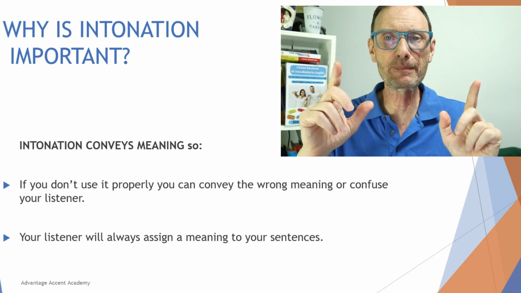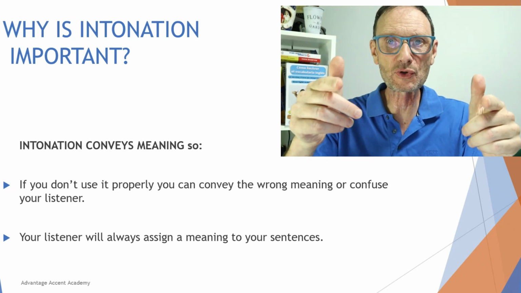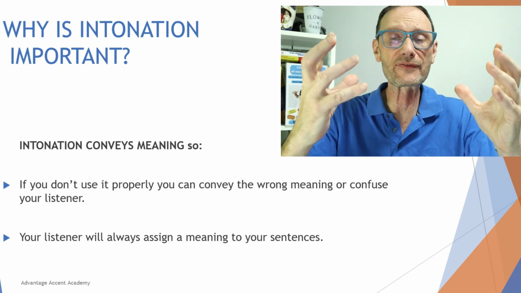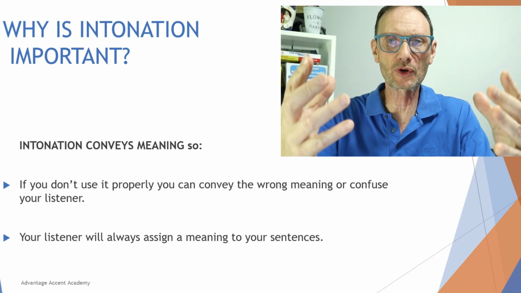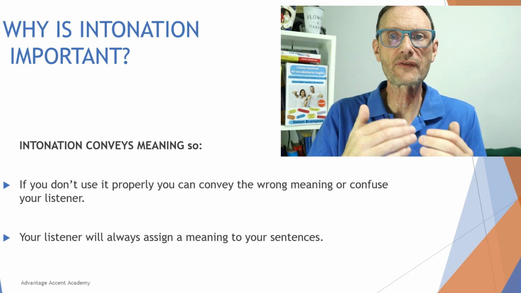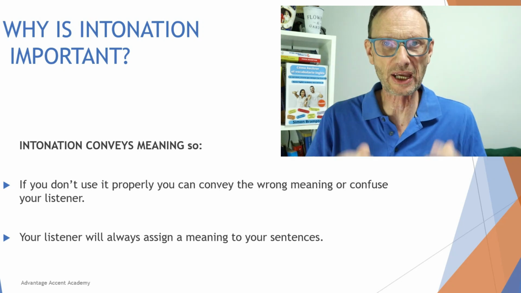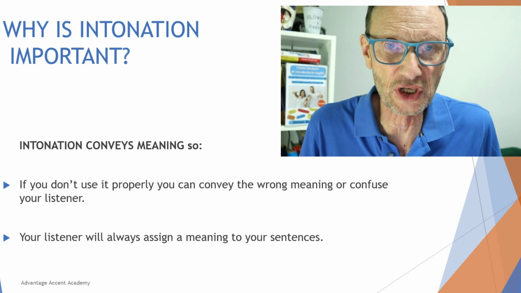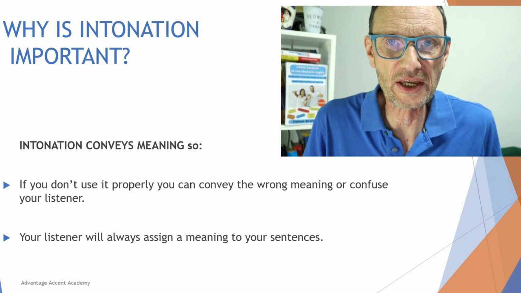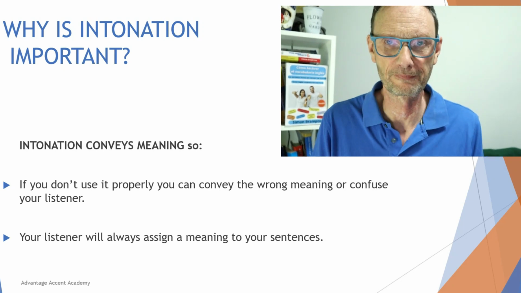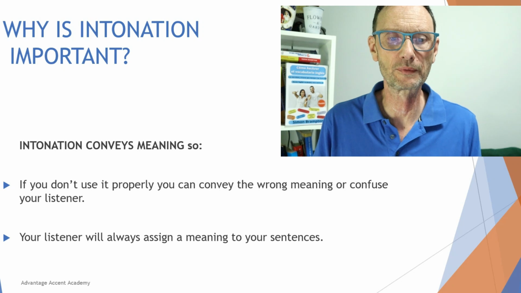And whatever happens, the person listening to you will always assign a meaning to what you're saying. So if you say it wrong, the person will believe that you're saying it correctly in most cases. They won't make any excuses because they think you are a foreigner. So that's important to know.